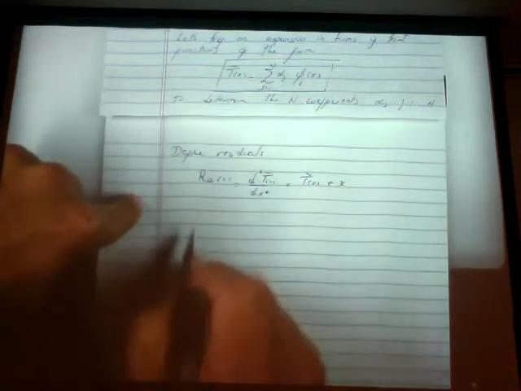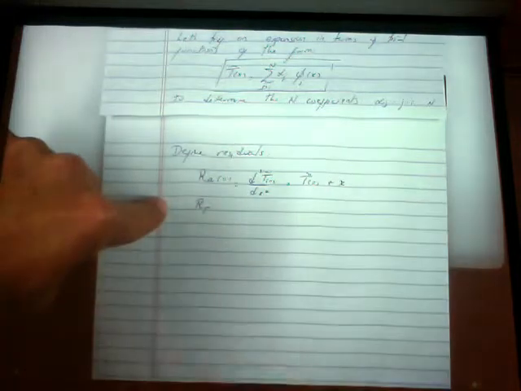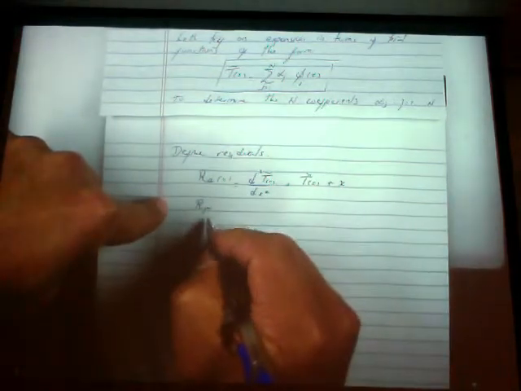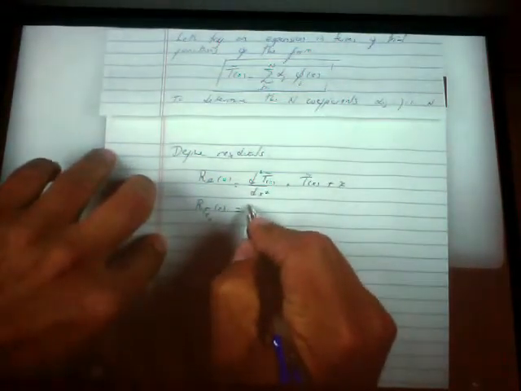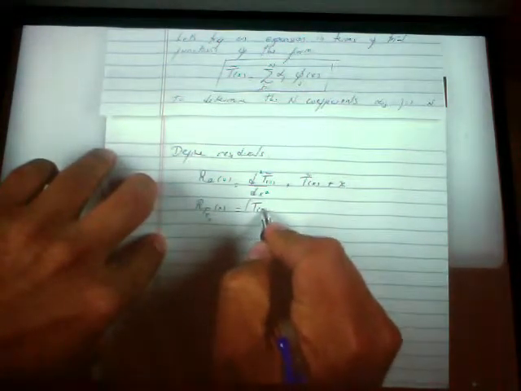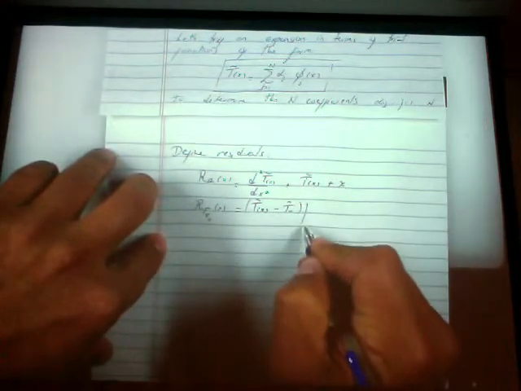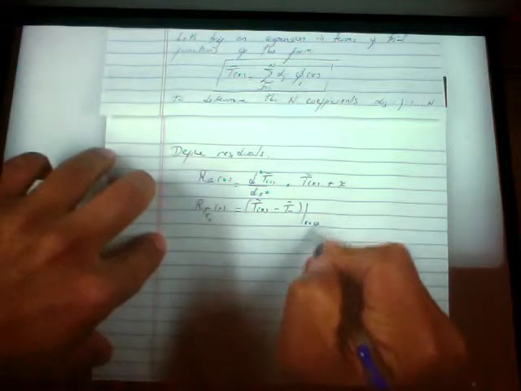And then we have a residual on the portion of the boundary where the temperature is imposed. And let's say where the temperature is imposed at x equals 0. That would be equal to T hat of x minus T0 when x is equal to 0.